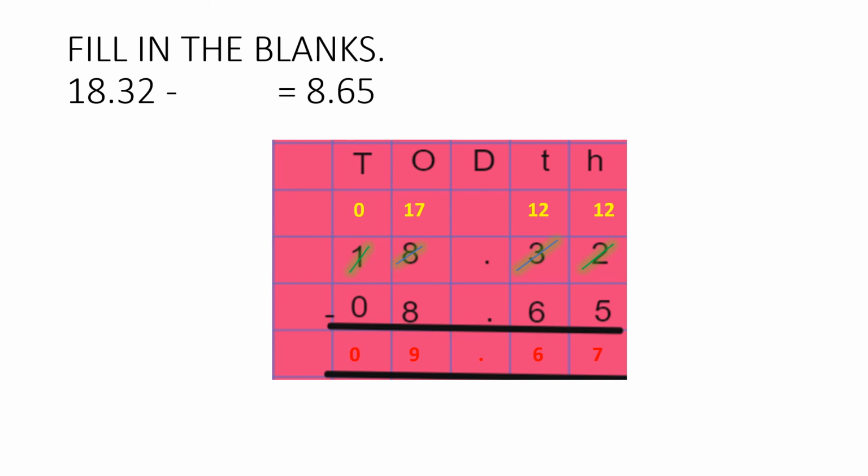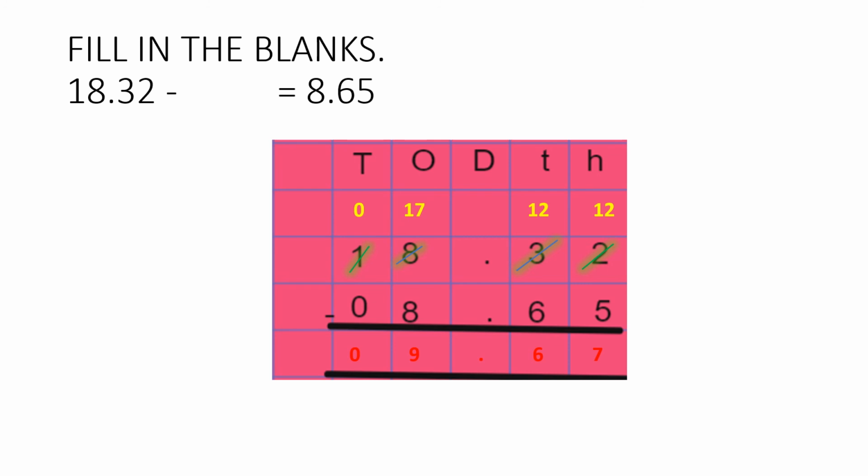Then decimal place. Now here is 7 ones. From 7 we can't subtract 8 ones. So we will borrow from 1 tenth. And 1 is converted into 0 and it will become 17. 17 minus 8 equals 9. 0 minus 0 equals 0.